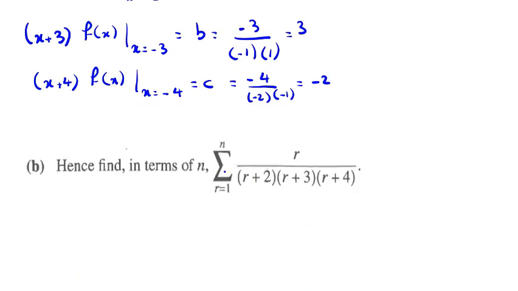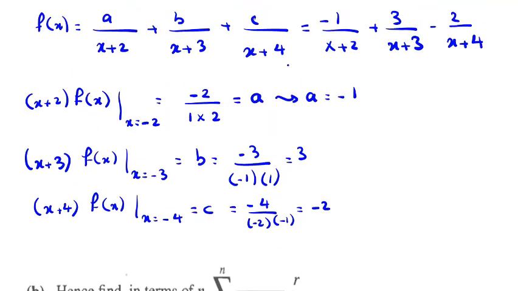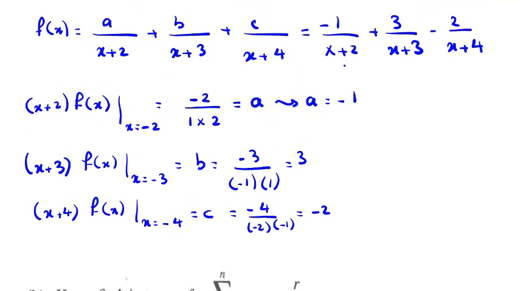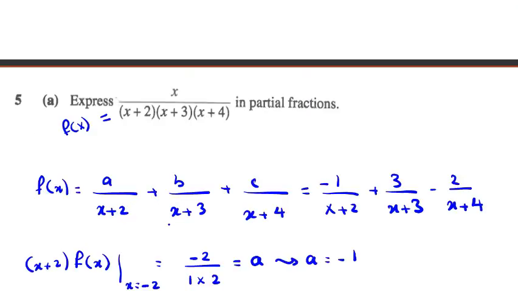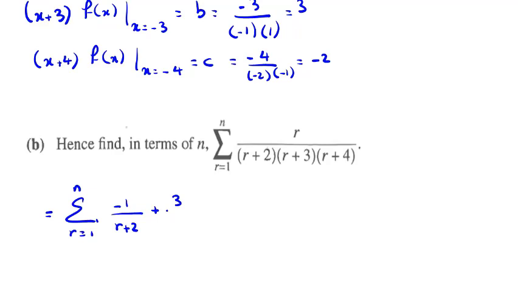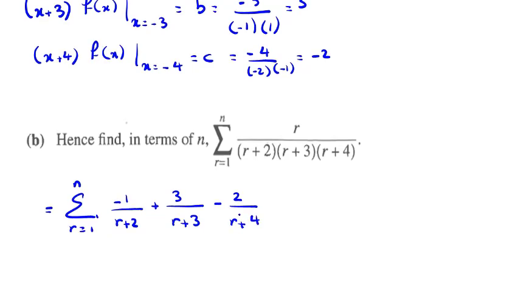Part B says find the sum from r equals 1 to n. So we replace: sigma r from 1 to n of negative 1 over r plus 2, plus 3 over r plus 3, minus 2 over r plus 4.